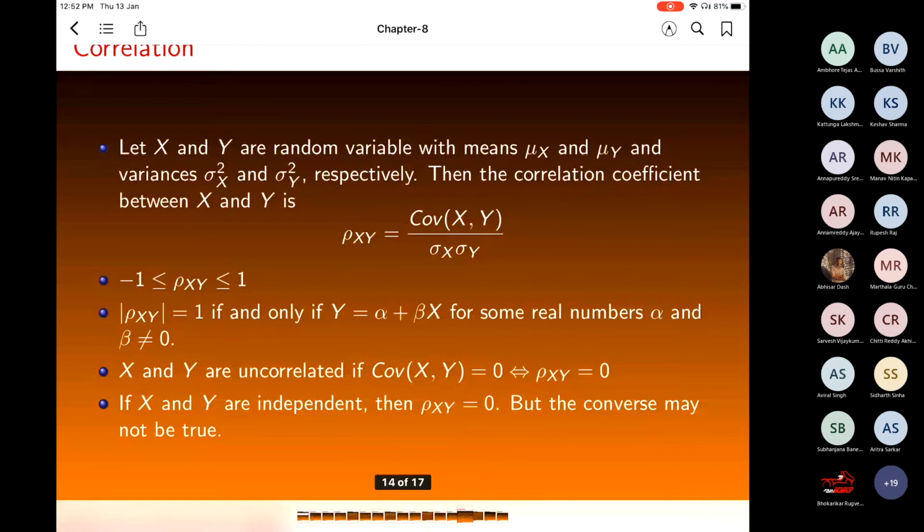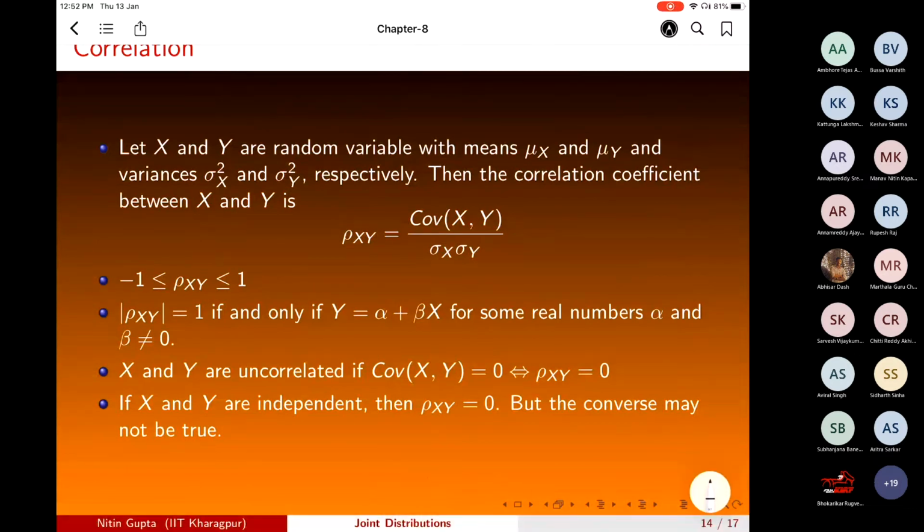Now correlation. What does this covariance xy represent? Because covariance xy is between minus infinity to infinity, we can divide by sigma x, the standard deviation of x, which is the square root of the variance.